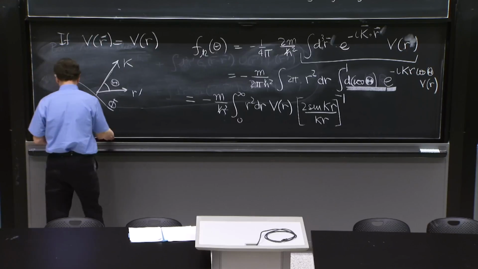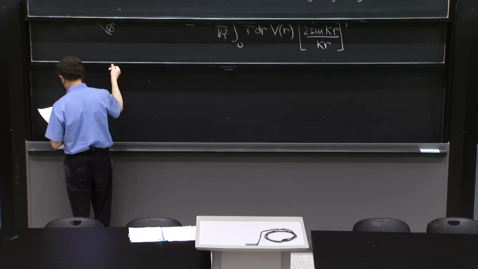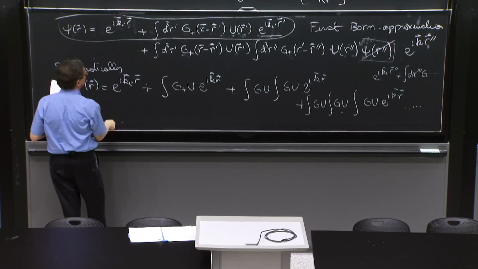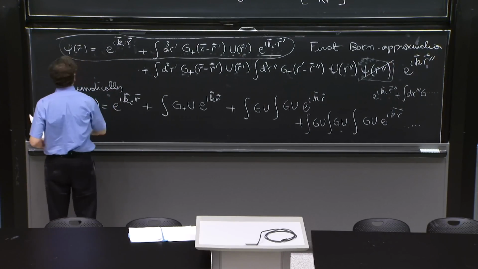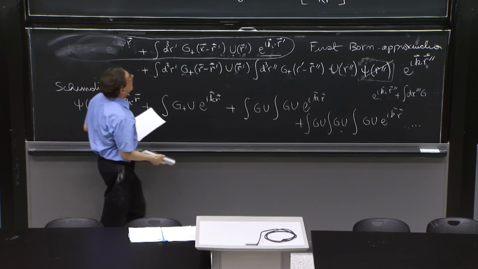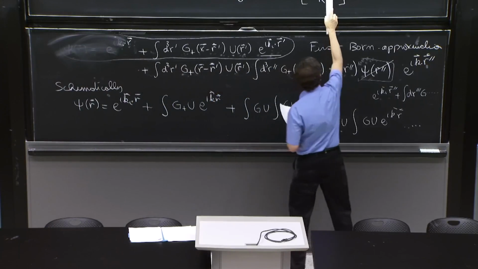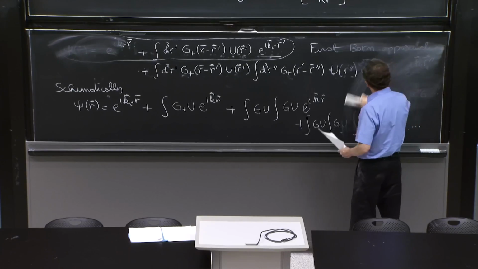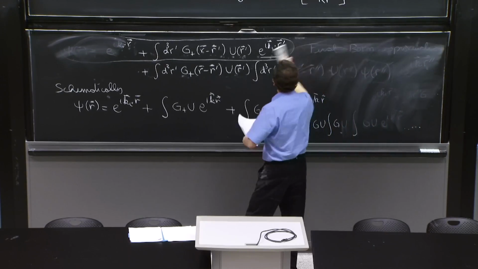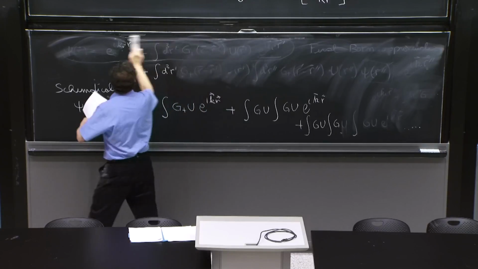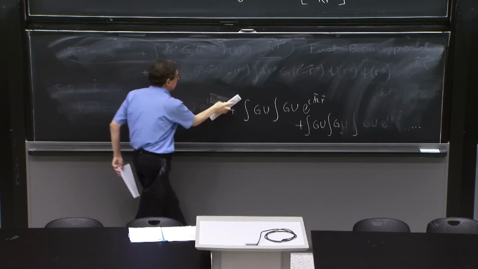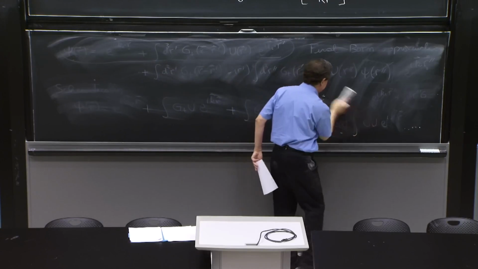And our result therefore is, you shouldn't confuse the capital K with the lowercase k, which is the magnitude of the momentum or the magnitude of the energy. So we're done, basically.